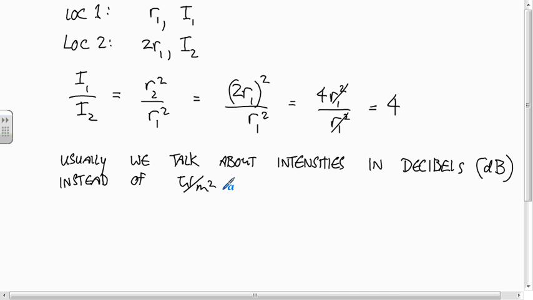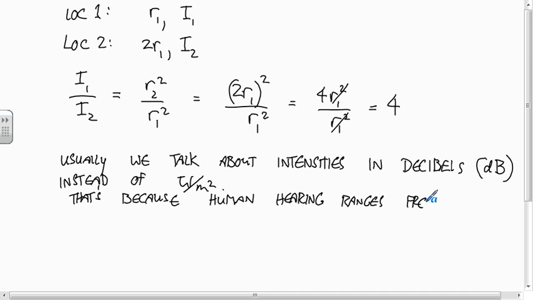That's because human hearing ranges from about 10 to the minus 12th watts per meter squared to around 1 watt per meter squared, which is when it can start to do damage to your ears.